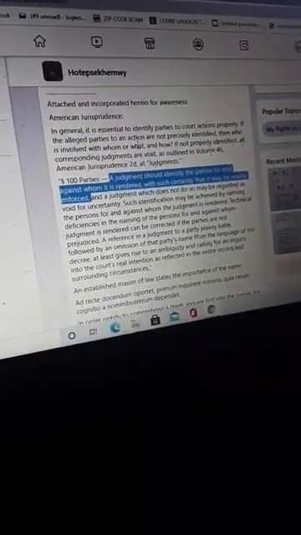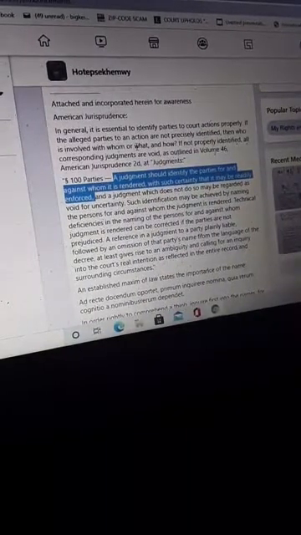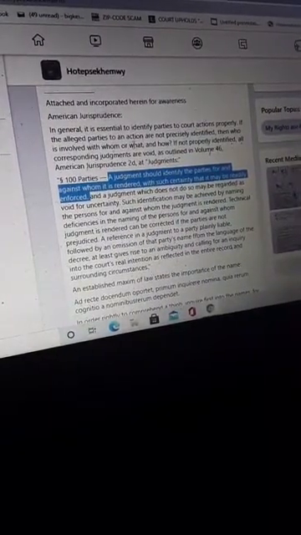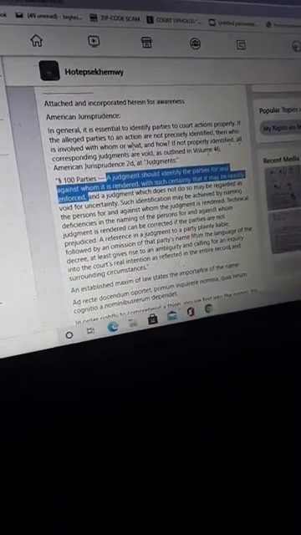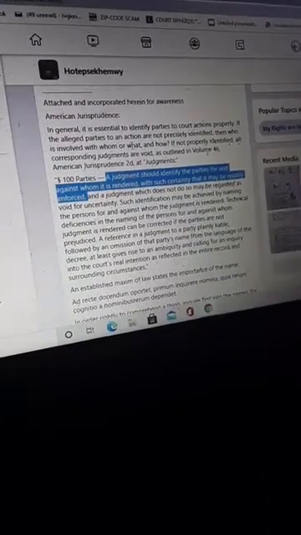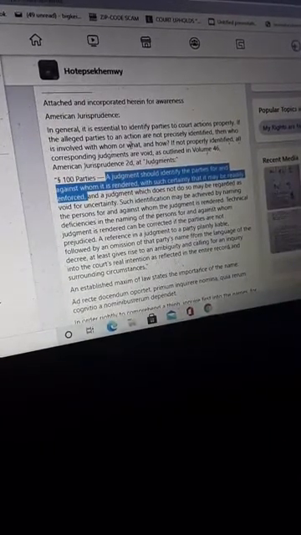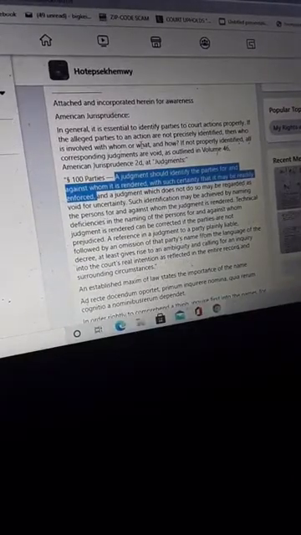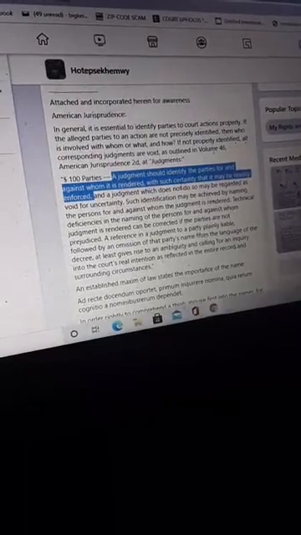Because she gives the signature, the authorized signature of the authorized representative on the document, on the paper, on the instrument. Clearly, distinctly different.